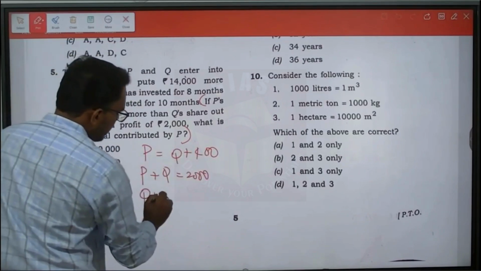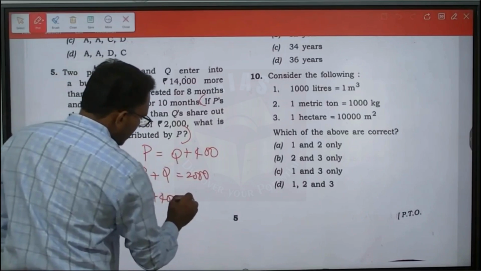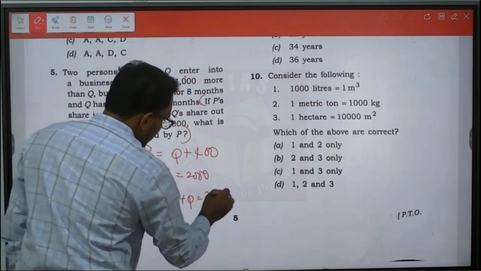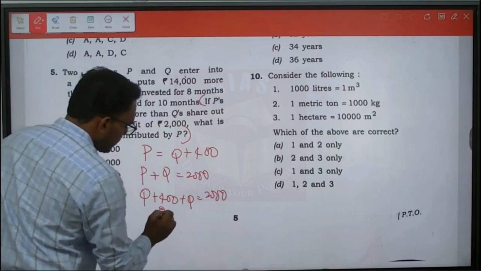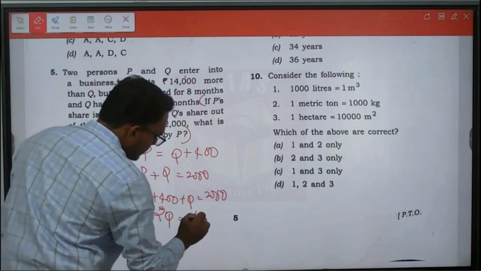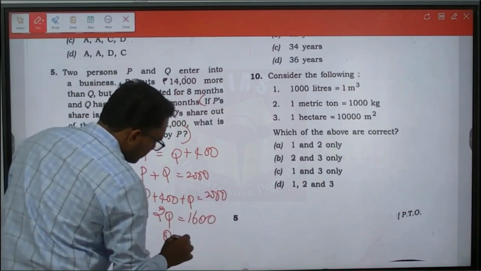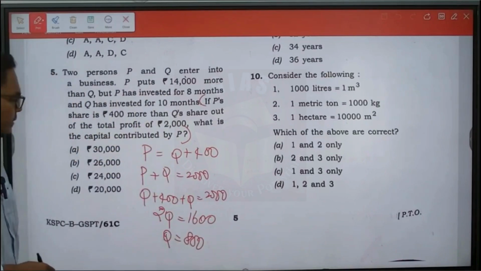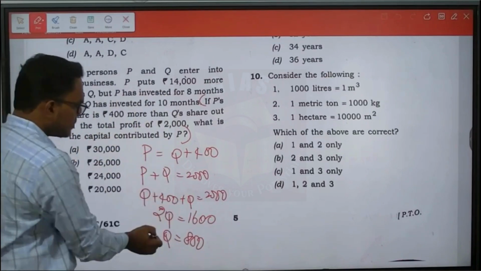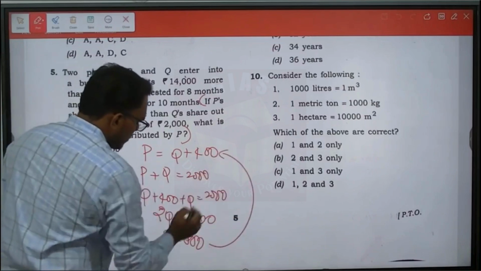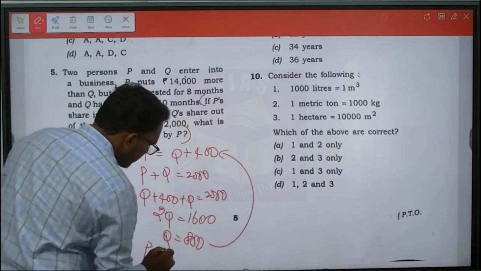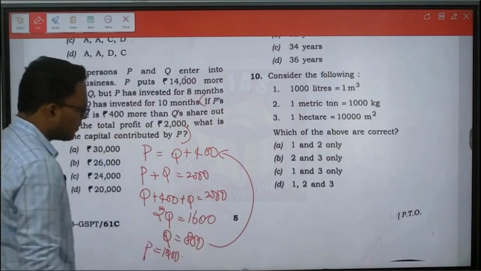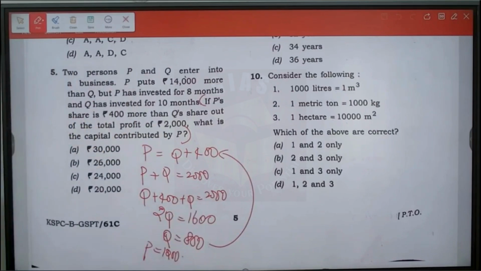So Q plus 400 plus Q is 2000. 2Q is 1600, so Q is 800. If Q is 800, then P is 1200.